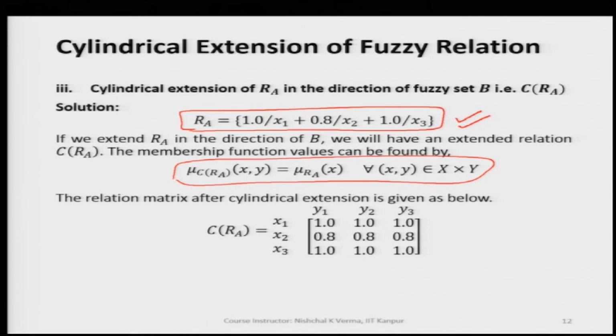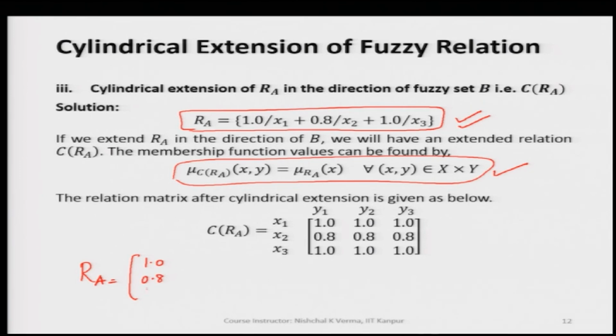So, when we apply this, we keep adding the y 1 values, y 2, y 3 and so on, if there are many other points. This way we are adding the dimension. Originally, RA as a fuzzy set in matrix form was simply a column matrix.